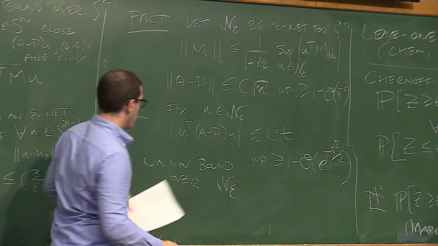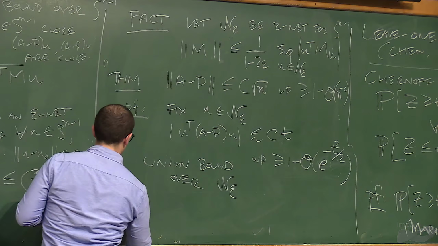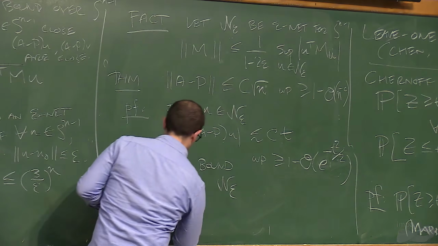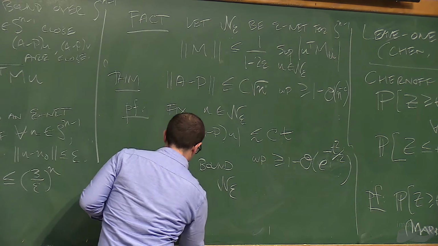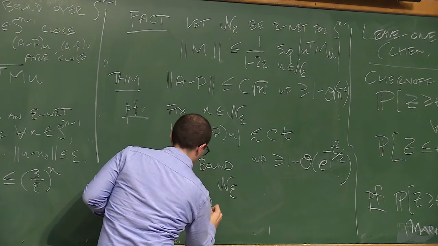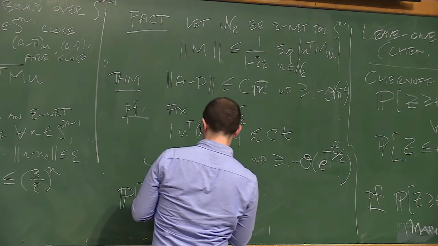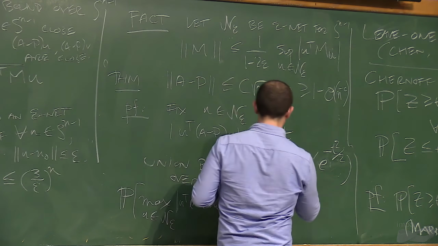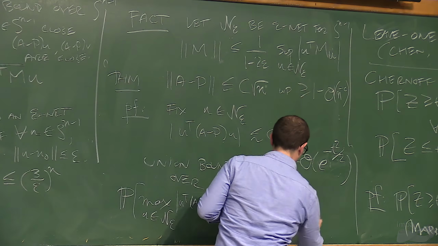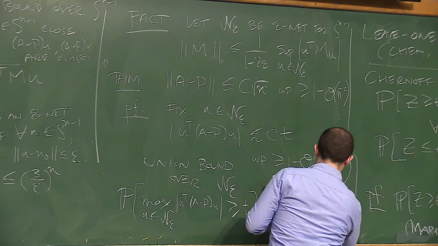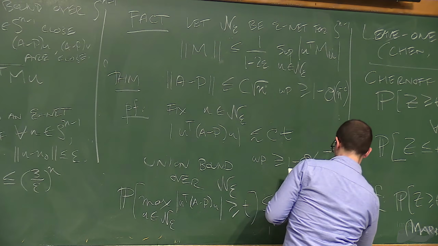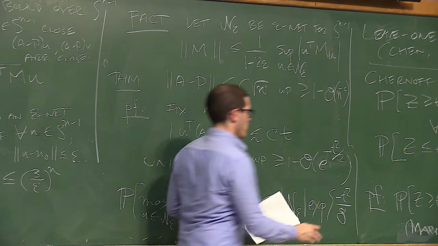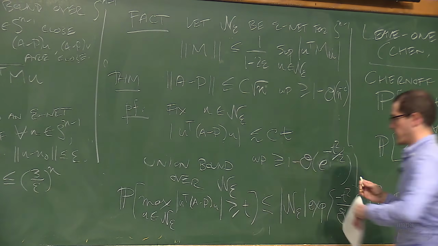So now we're going to take a union bound over all of N sub epsilon. The probability that the max over u in my epsilon net of this is bigger than or equal to t is going to be less than or equal to the size of N sub epsilon times the exponential of negative t squared. I have to inflate this a little bit for reasons that will be obvious when we chase down constants, which we'll do in the comfort of our own homes.